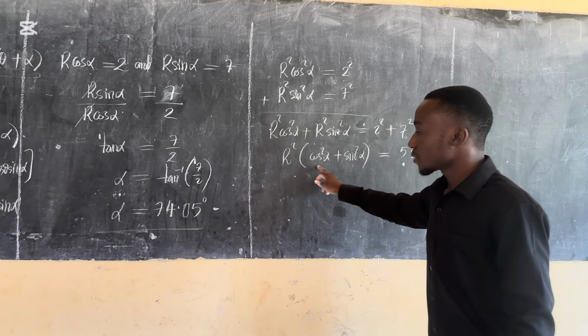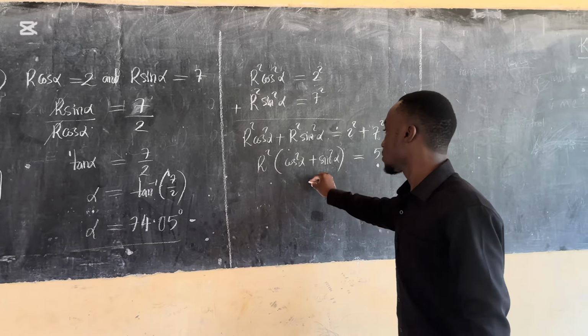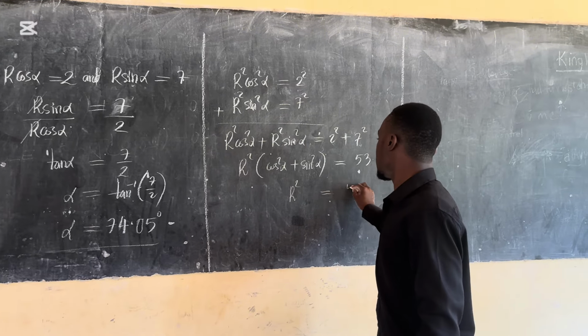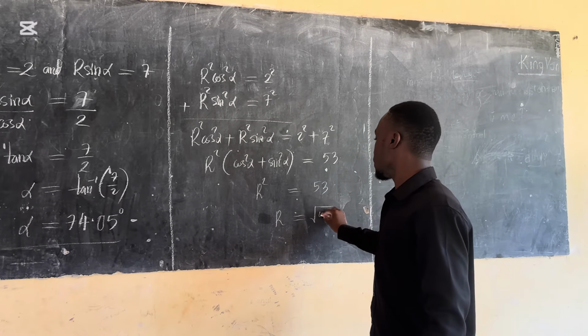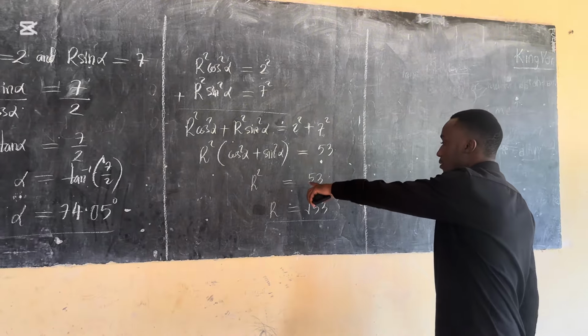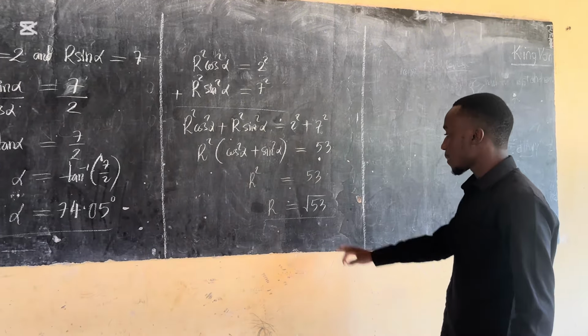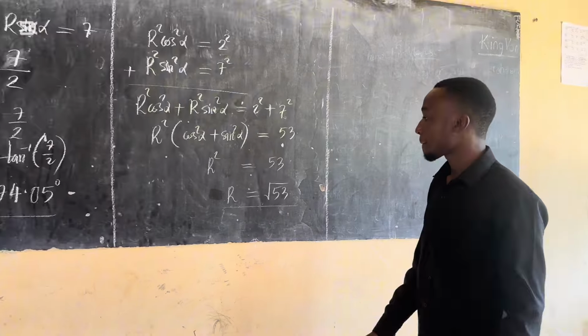So according to our identity, we remember very well this is a 1. So I end up with r squared equal to 53. That's my r, is the square root of 53. Here I don't introduce plus or negative. We are interested in the positive quantity.